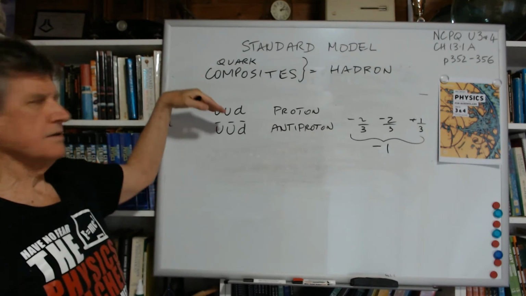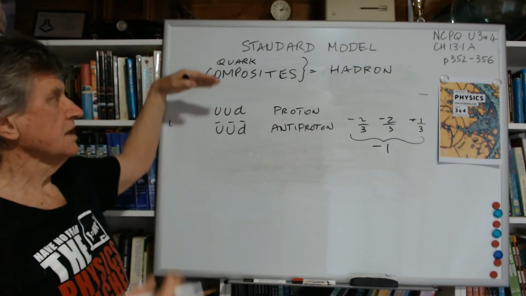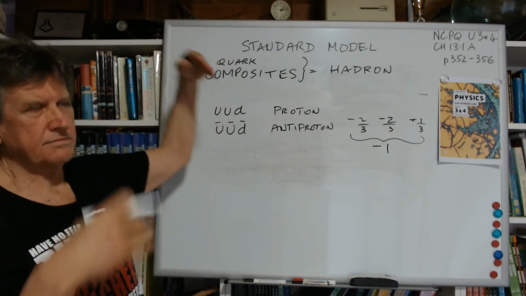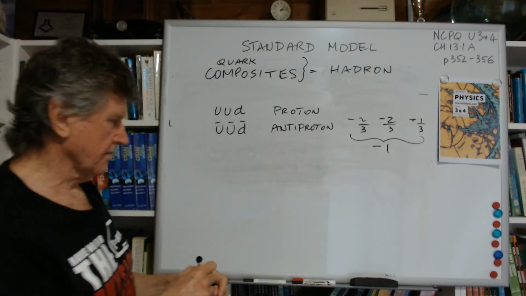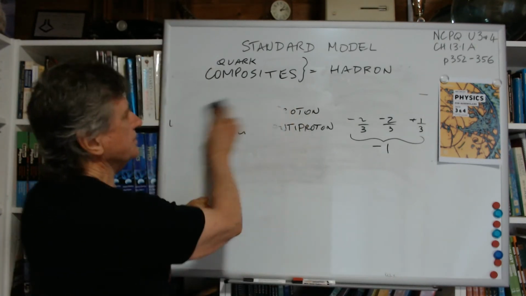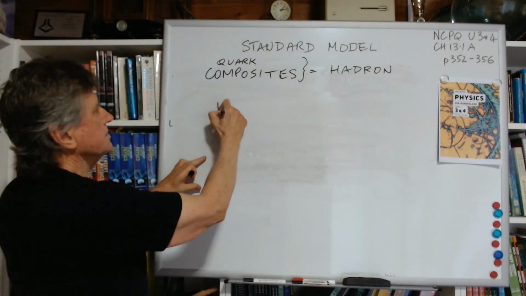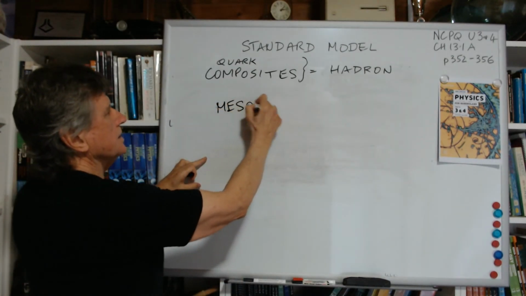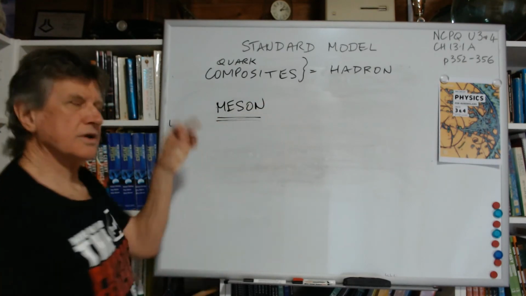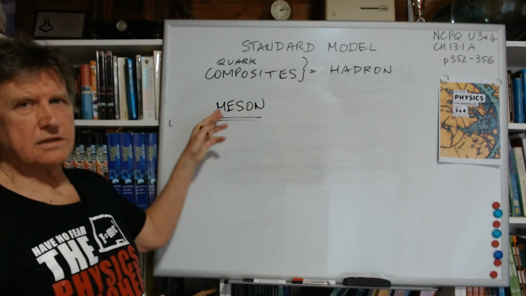Okay, so we've done the types of baryons, the baryon itself and the antibaryon. Let's now move on to meson to finish this off. Meson is a Latin word that means middle, so it's a middle mass.